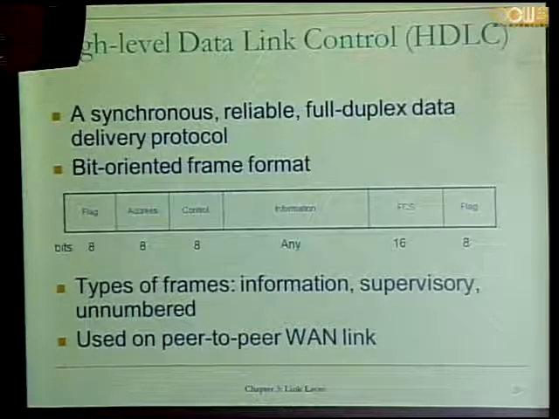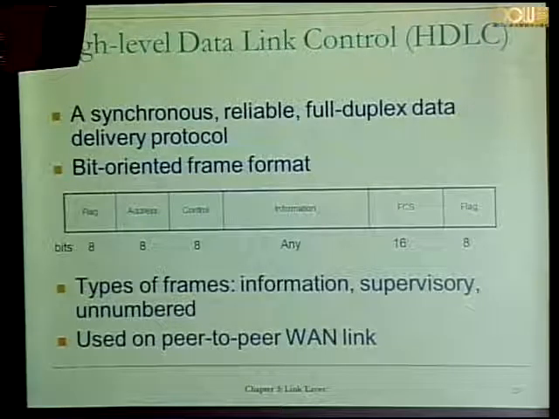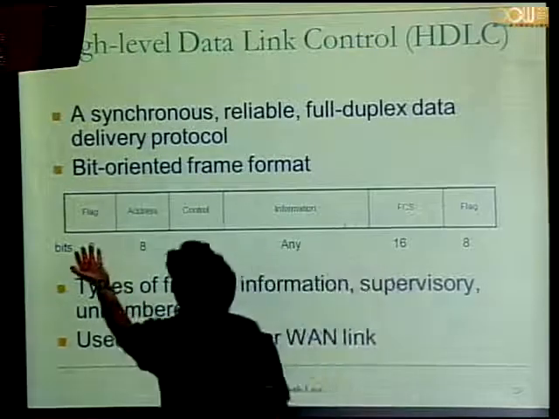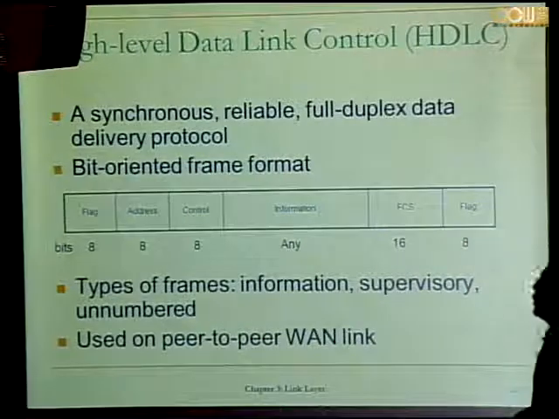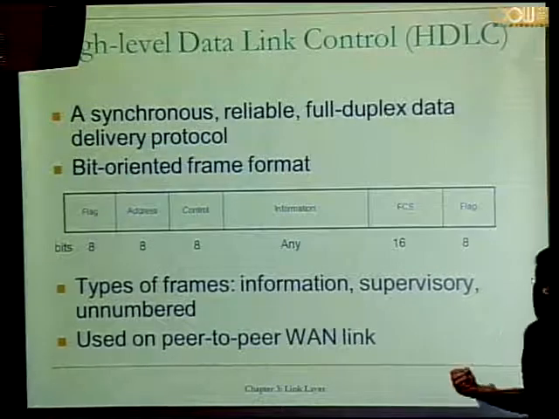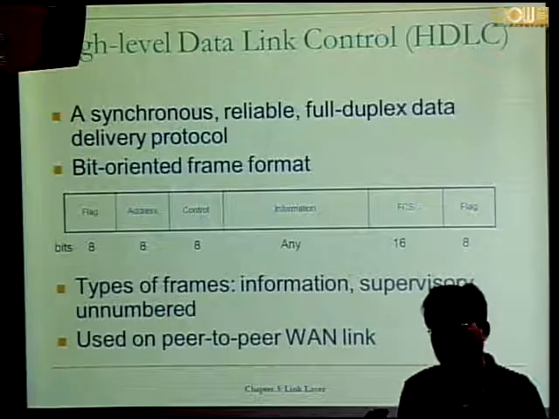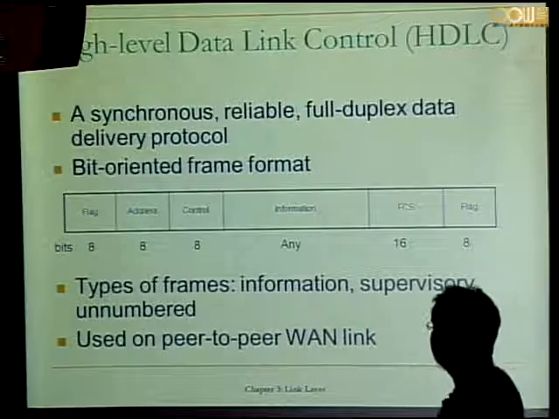So let's talk about HDLC first. It has this frame format with a flag. It has an 8-bit flag at the beginning and also at the end. So HDLC would use bit stuffing. We mentioned byte stuffing and bit stuffing, and bit stuffing is actually used in HDLC.